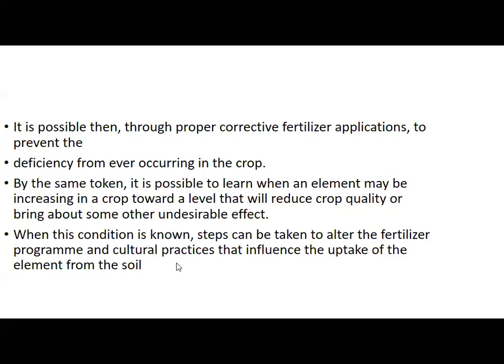We adopt certain practices to increase the efficiency of soil available nutrients. Like if there occurs a deficiency of phosphorus, then we have to increase the efficiency of phosphorus which is already present in soil. Phosphorus has a tendency to get fixed in the soil.